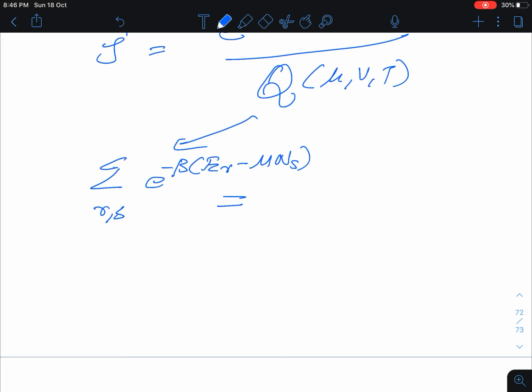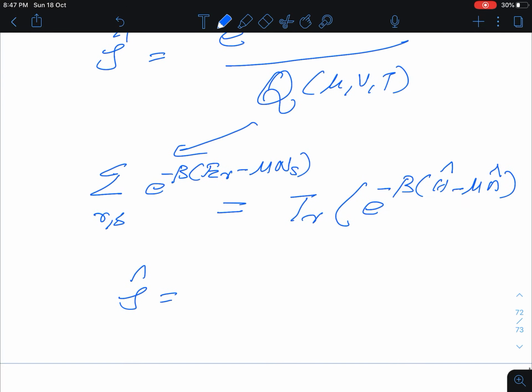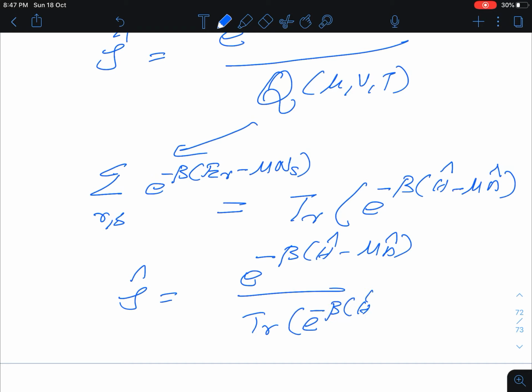When you convert that into matrix form, it is the trace of e raised to minus beta into H operator minus mu N operator. Now rho cap you can write as e raised to minus beta H operator minus mu N operator, divided by the trace of e raised to minus beta H operator minus mu N operator.